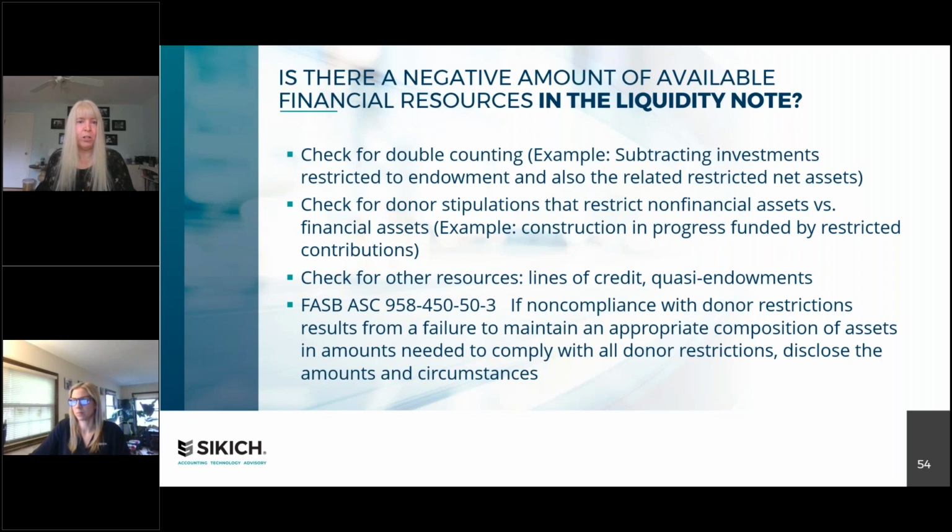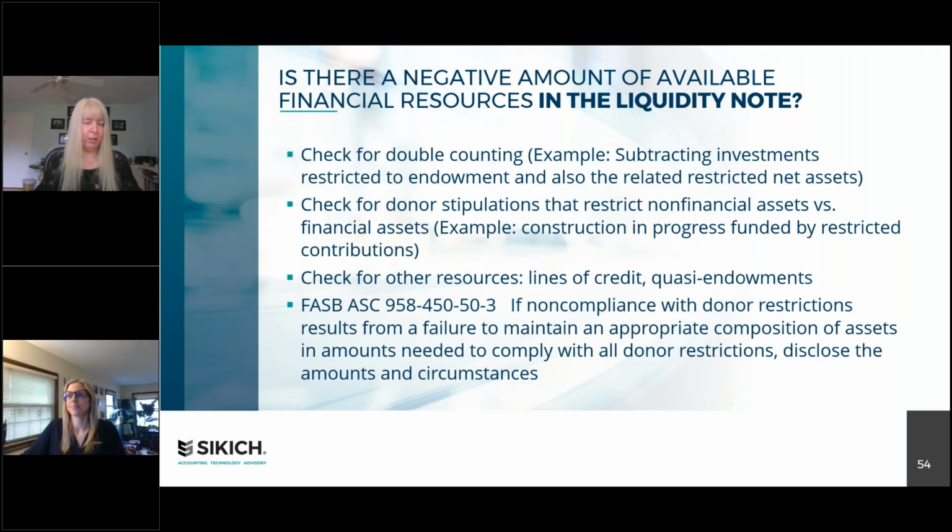So you've subtracted too much because you don't have construction in progress in the numerator, so you should not be subtracting it in the net assets with donor restrictions in the denominator. You should be using a lesser amount of net assets with donor restrictions to subtract out.